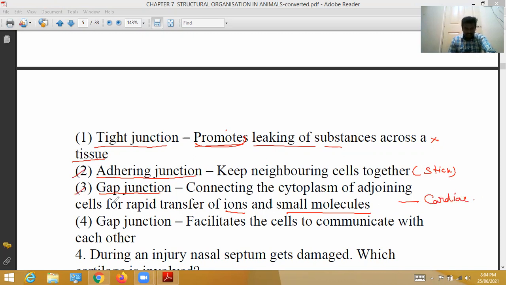Gap junctions facilitate the cells to communicate with each other. In their communication, small molecules and ions are rapidly transferred from one cell to another, so the fourth option is also correct. Among these four options, the first option is incorrect with respect to the junctions and their function.